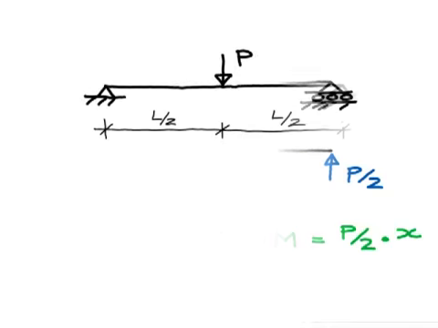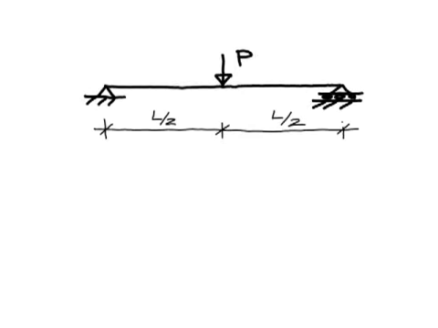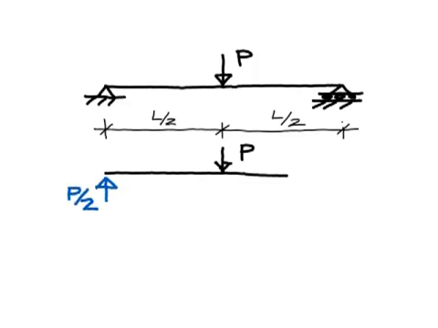What if we decide that we would like to cut the beam on the right-hand side? So if we cut the beam on the right-hand side, what we'd find is that in order for us to have equilibrium of the free body diagram now, the shear force at the cut would have to be P upon 2 again in order to have vertical equilibrium, but this time it would be acting upwards, and that free body is now in vertical equilibrium.